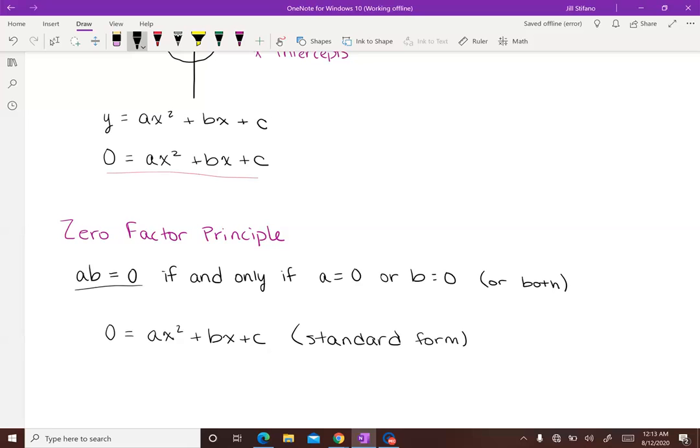And we know now, based on the last section, how to get it into factored form. This would look something like a times x minus some number r1 times x minus some number r2. This is called factored form.